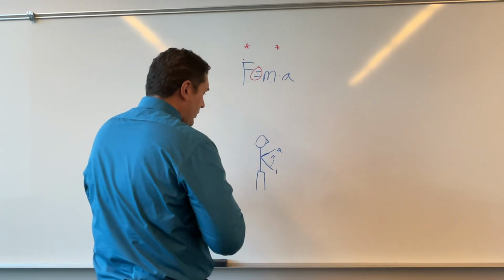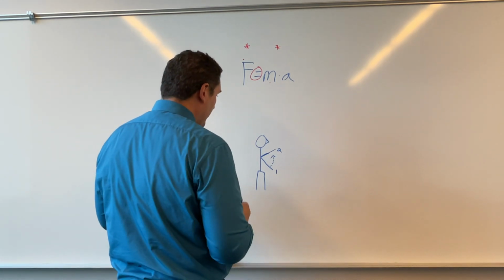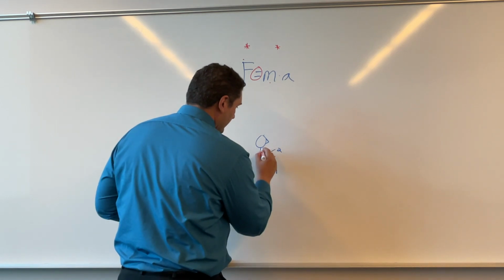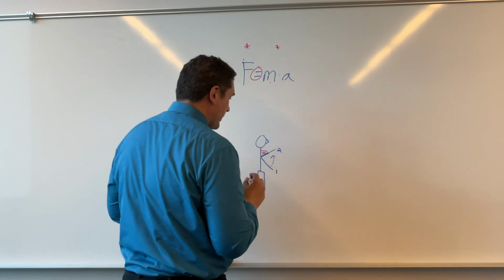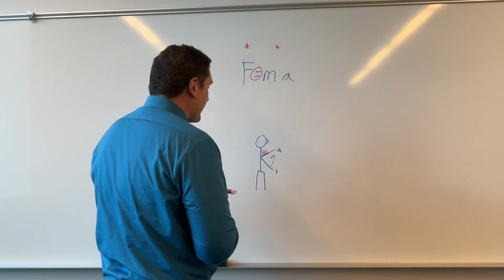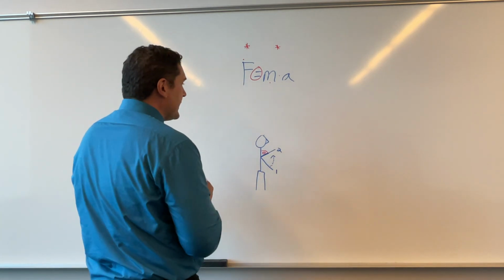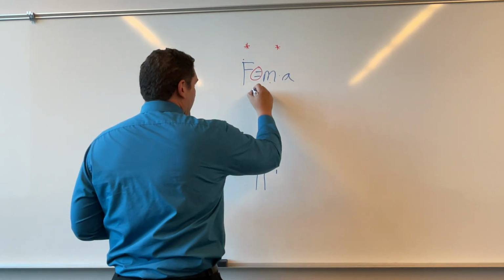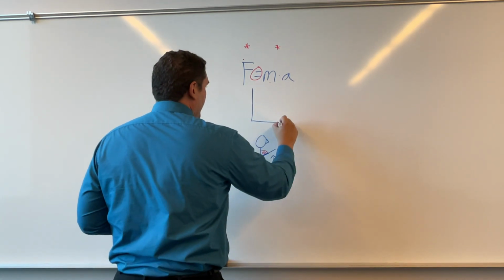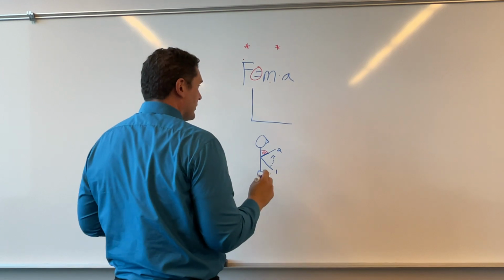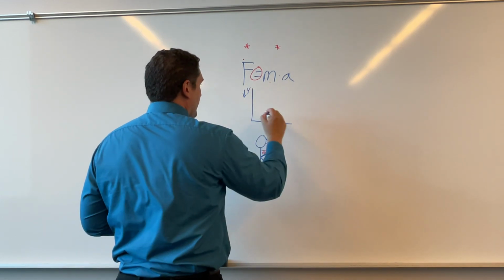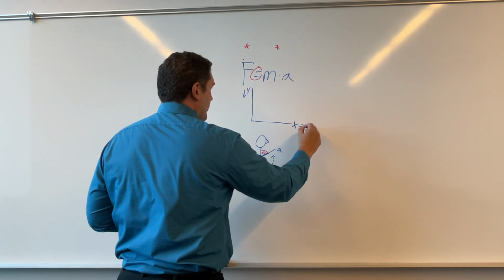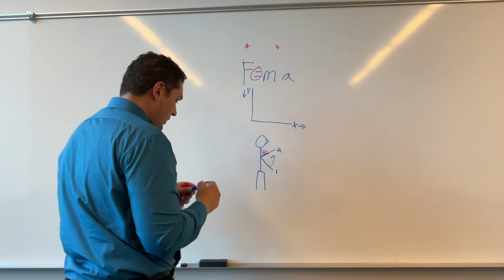So what we're going to do here in this little picture is call this little joint theta, right? Because that's what they do in geometry. So this little joint's going to be called theta. Now what we're going to see is that if we think about our motions moving on an axis, or a graph, my y direction is going to be my vertical direction, my x direction is going to be my horizontal direction, okay?